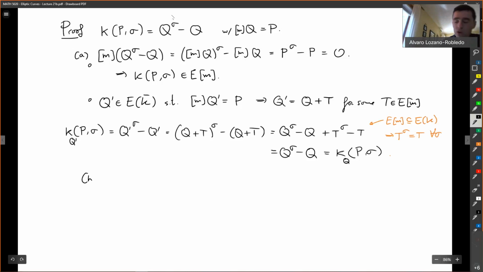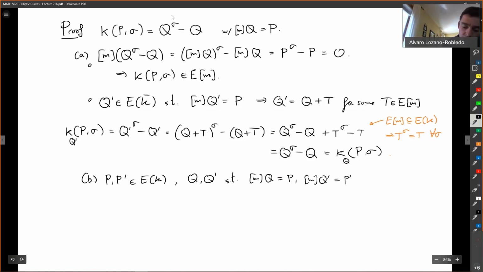B, I want to prove that the map is bilinear. First, if P and P prime are elements of E(K) with corresponding Q and Q prime, such that M Q is P and M Q prime is P prime, then kappa of P plus P prime at sigma is going to be, notice that now M times (Q plus Q prime) will give me P plus P prime.